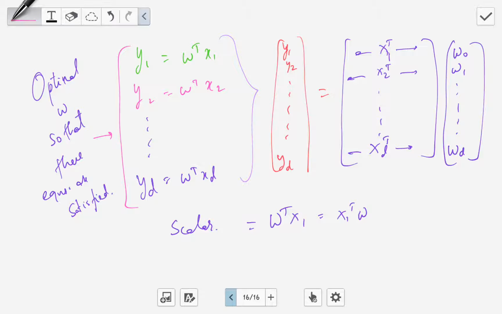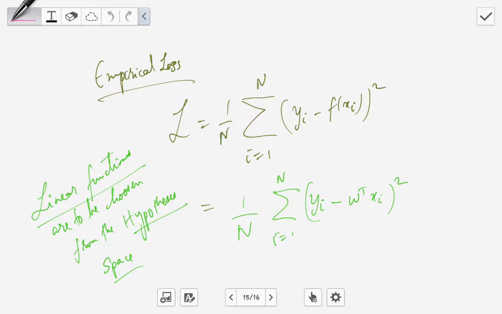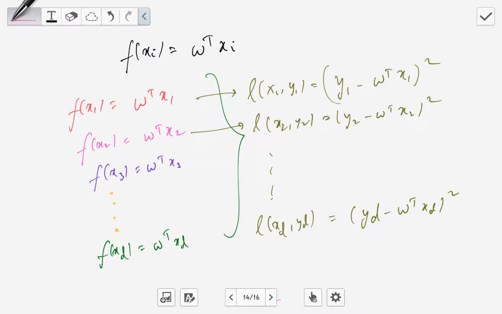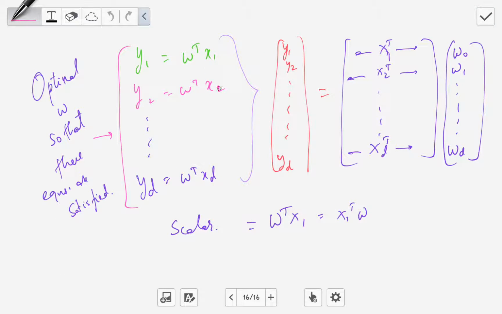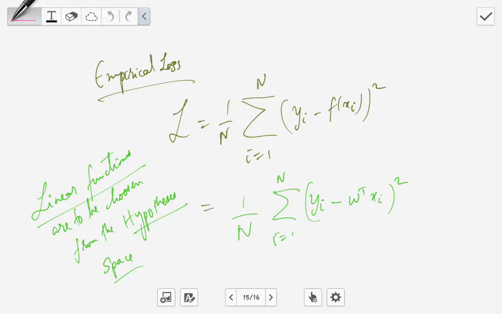Now this discussion was, suppose that I found a w and I plug that w here, because we may not always find a possible w here. This is hypothetical. That's why we call this a hypothesis. But let us assume we somehow found some w, and then we put that w here and we find this loss.